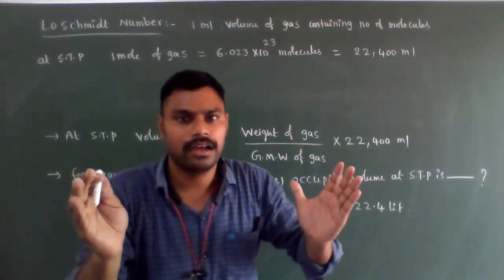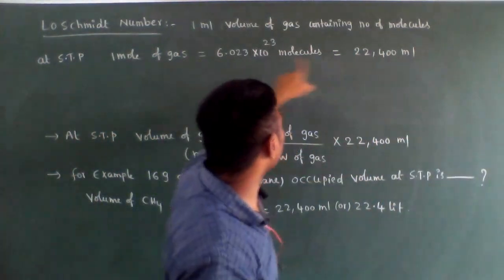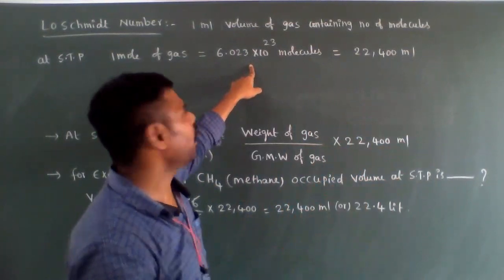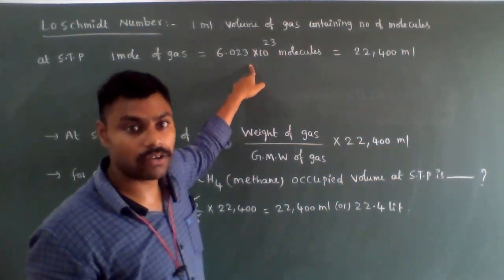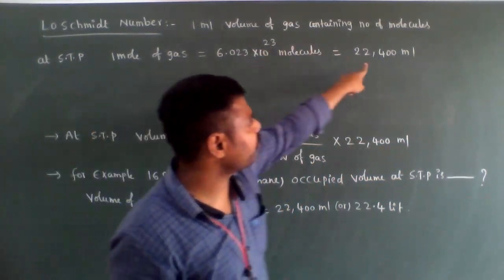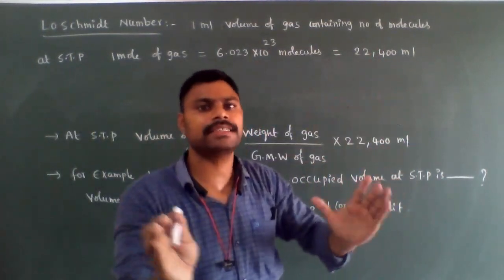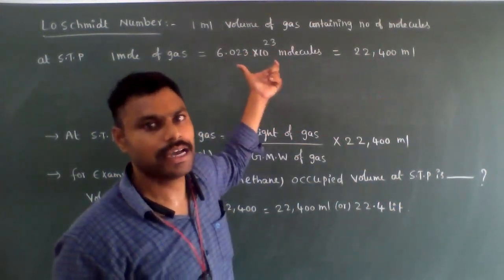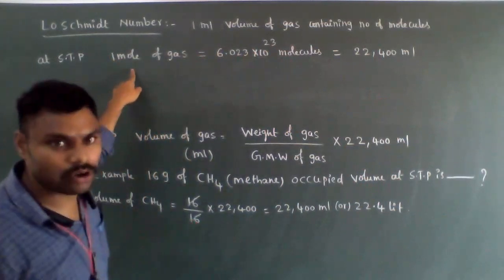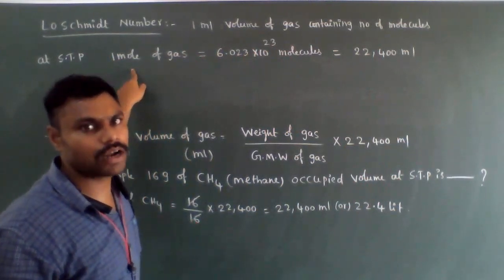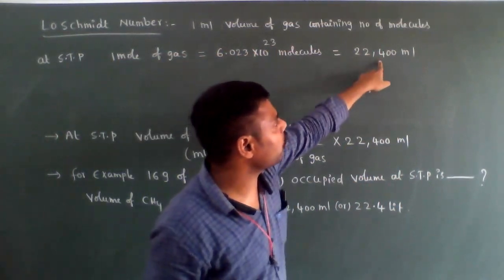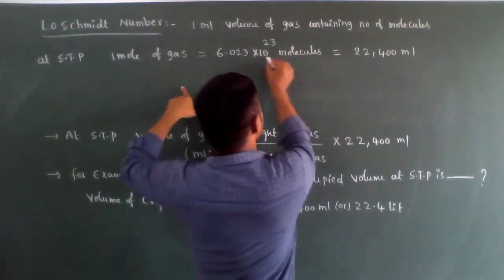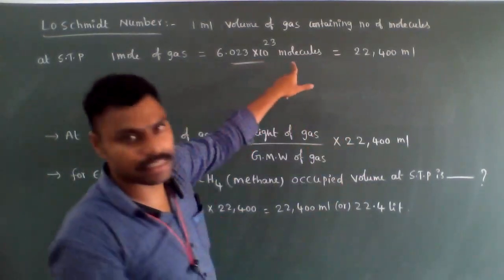Any gas, either methane or ethane or H2 or O2 or N2, that occupies 22,400 ml contains 6.023 into 10 to the power of 23 molecules. That quantity is always equal to 1 mole.